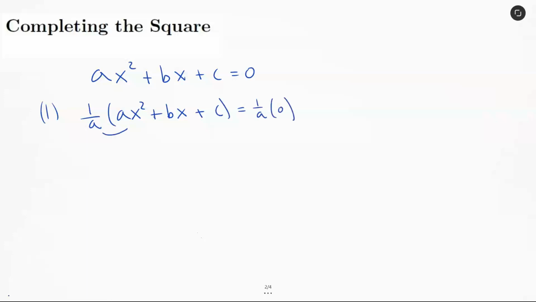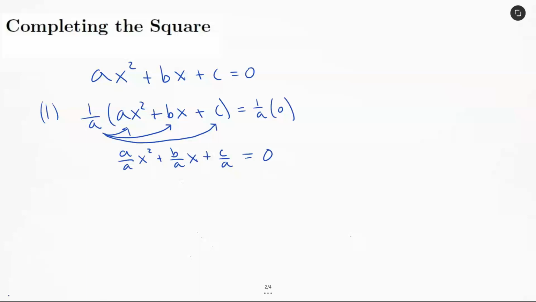We have to do it to both sides. Now you'll want to distribute the 1 over a to each term. So this will give you a over a x squared plus b over a x plus c over a, and then 1 over a times 0 is just simply 0.